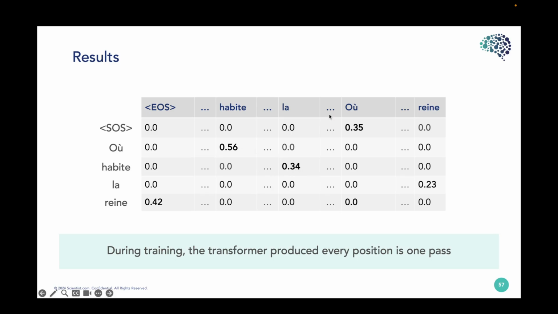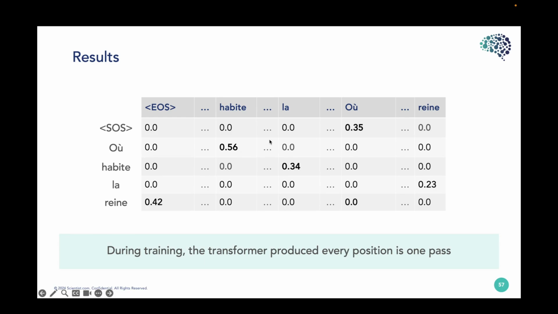But what we've done is we're training the transformer to predict the next token at every position in a single pass, right? This is one of the innovations of the transformer. Given this whole input, it's training: okay, if I'm given SOS and I'm given, where does the queen live? I know that this is the next token. Given SOS, où, this is the next token. You're training every position at once. And this is really where the masking comes in.